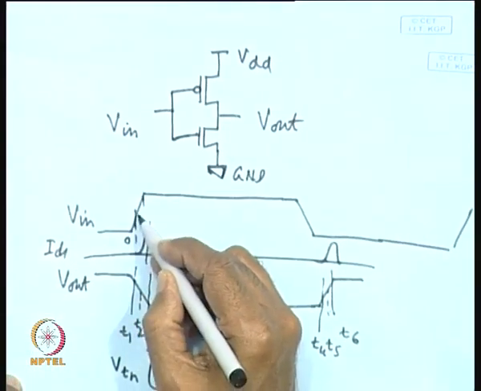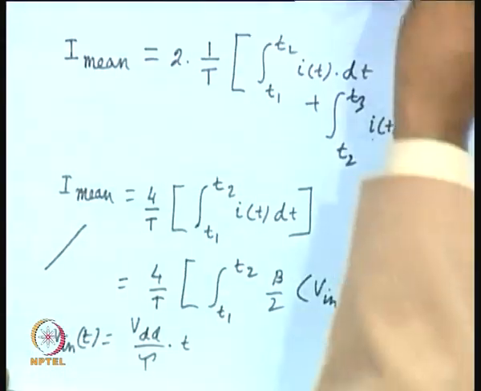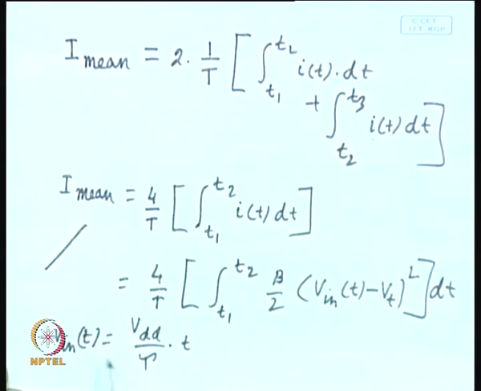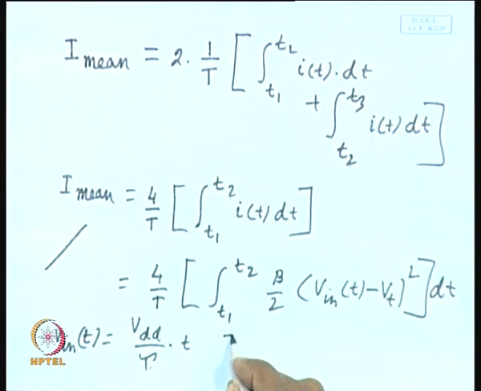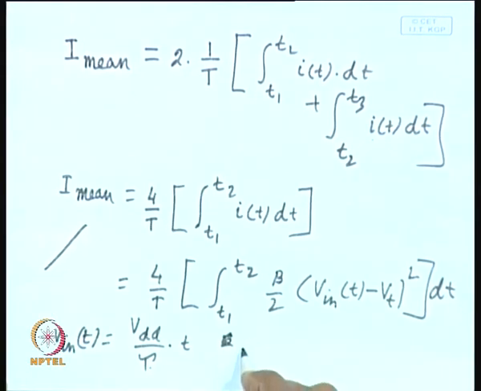As a consequence your Vin(t) is equal to VDD by tau, tau is the rise time. So, in time tau it will reach VDD. So, at any instant of time t it will be equal to VDD by tau into t. So, we can substitute this here.